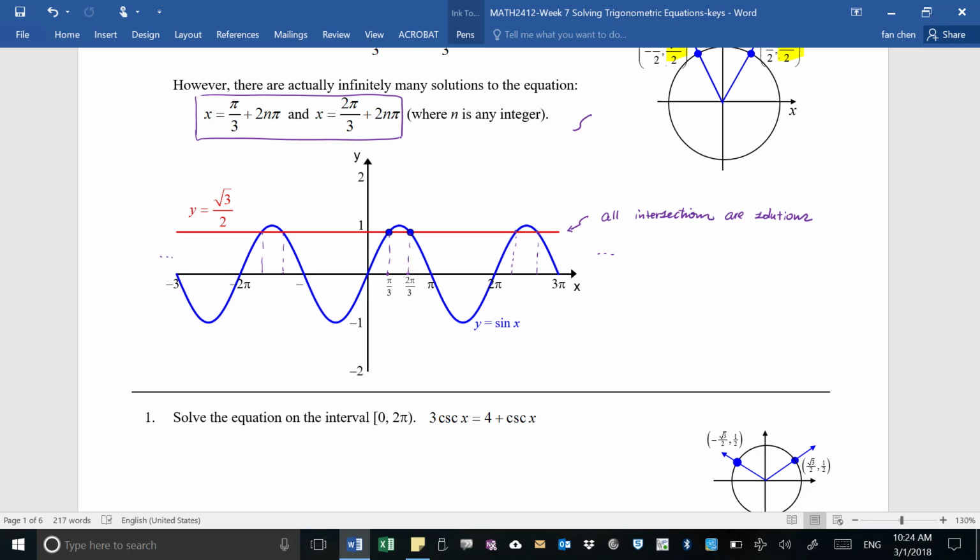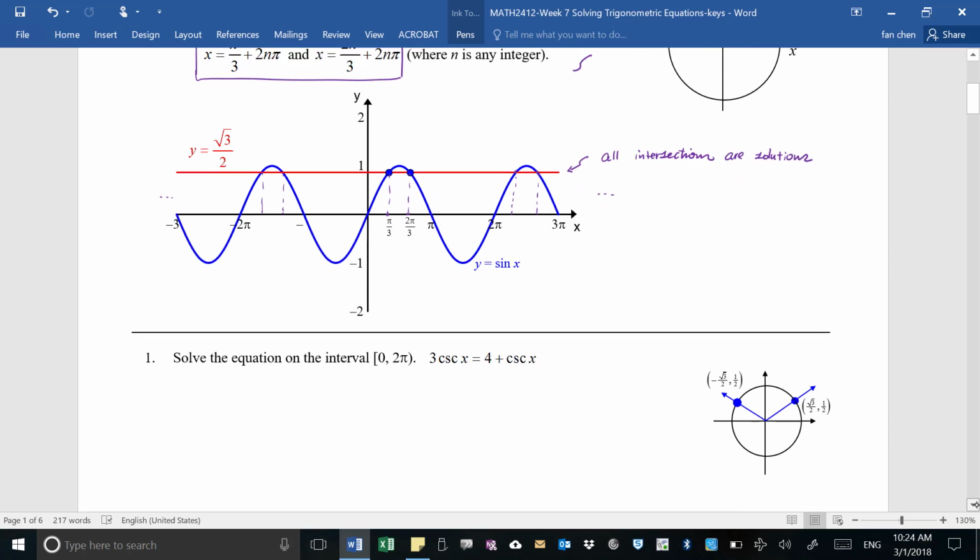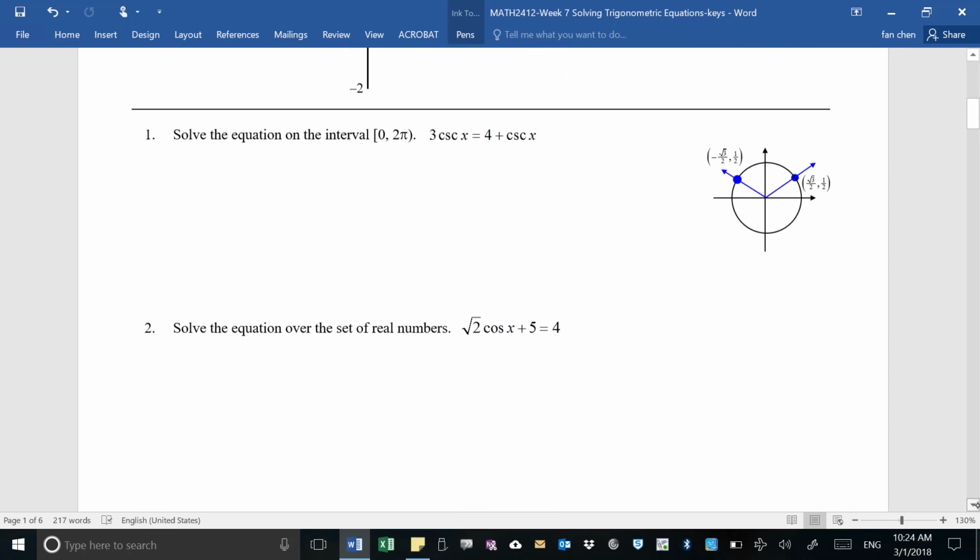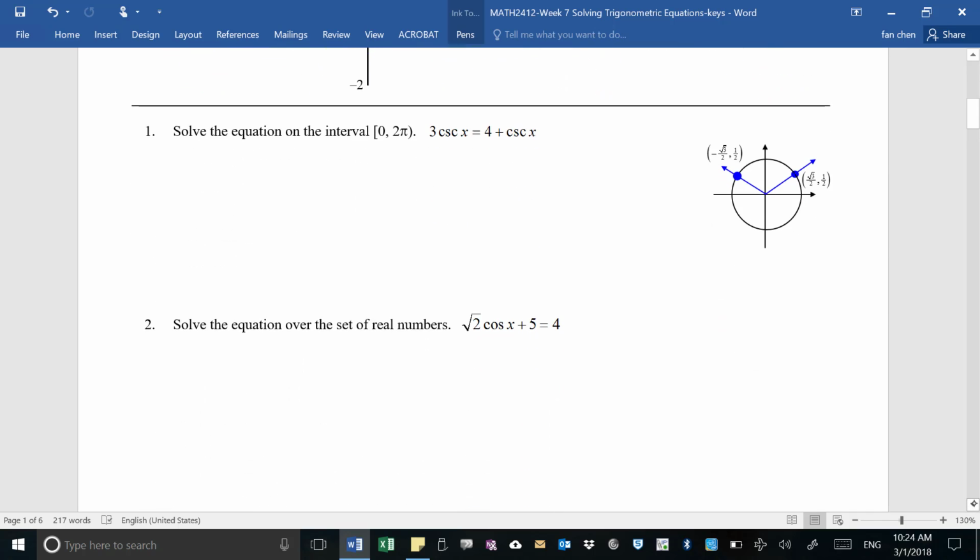All right, let's see a brand new example. We are going to solve this equation on the interval from 0 to pi. We are not looking at the infinitely many solutions here. It satisfies 3 cosecant x plus 4 equals cosecant x... So to solve this equation, first of all, consider cosecant x as one unknown, and put all the unknowns together.